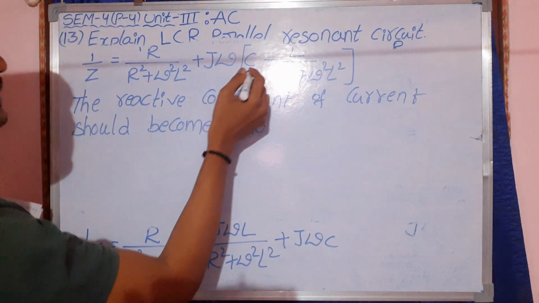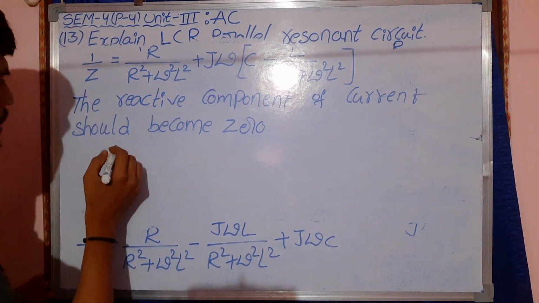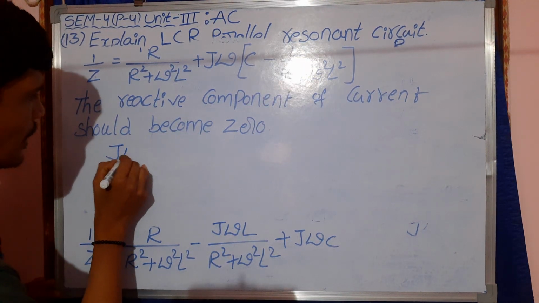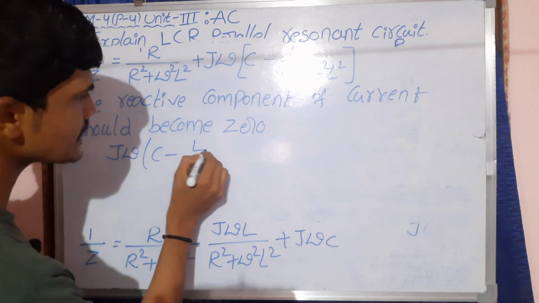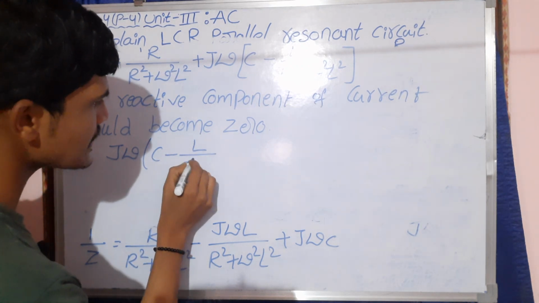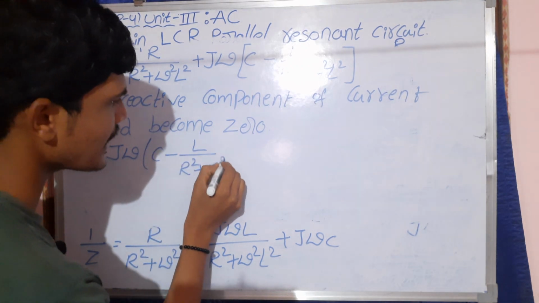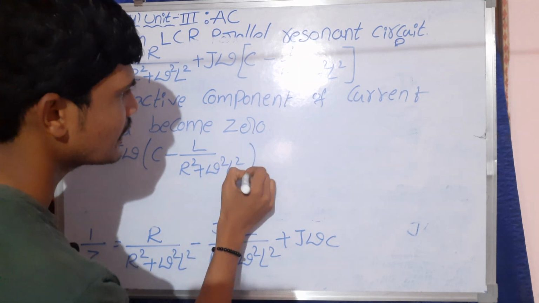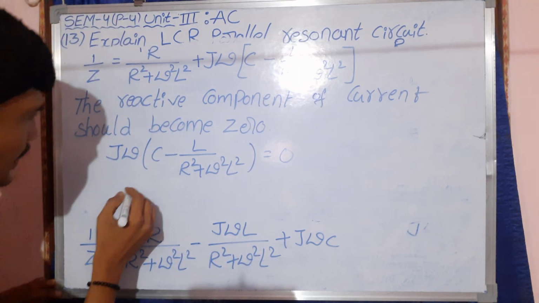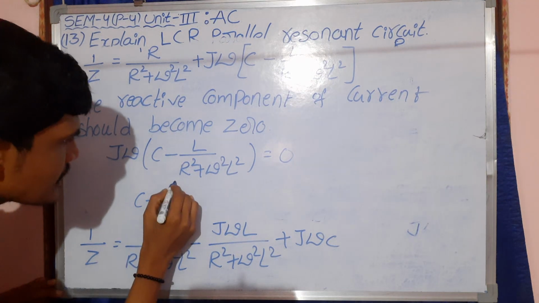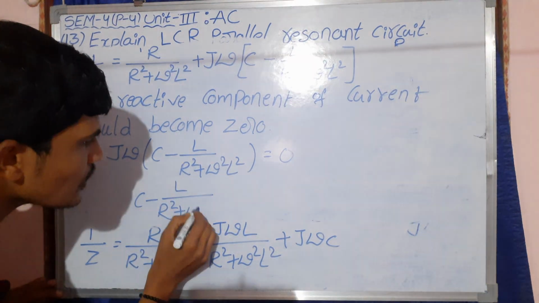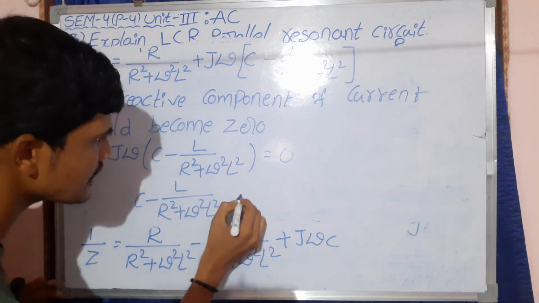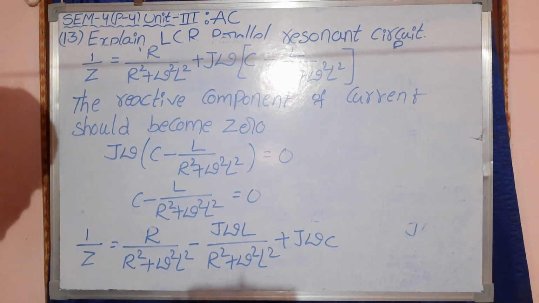That means the j omega term above must be zero: C minus L by R square plus omega square L square equals 0.